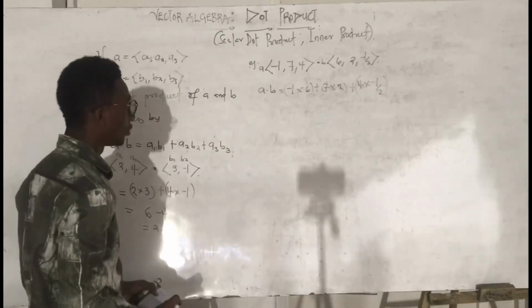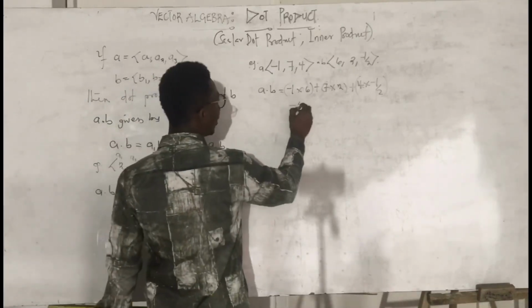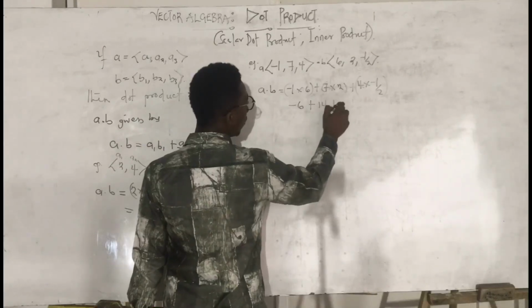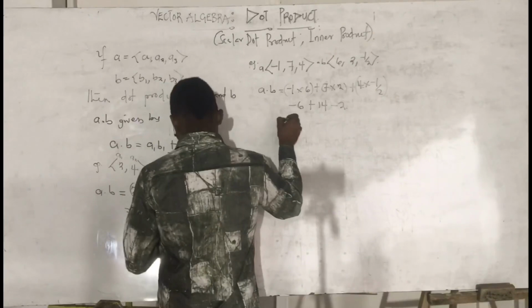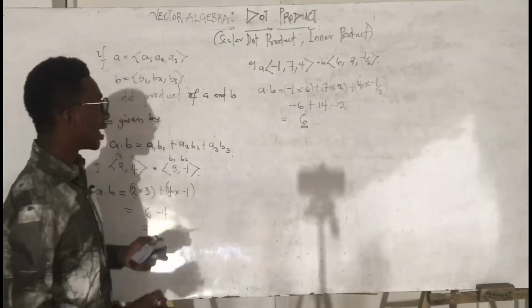When you do this, you get -6 plus 14 minus 2, and when you calculate the whole of this, you will get 6.